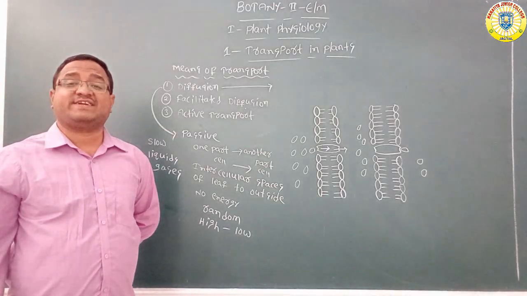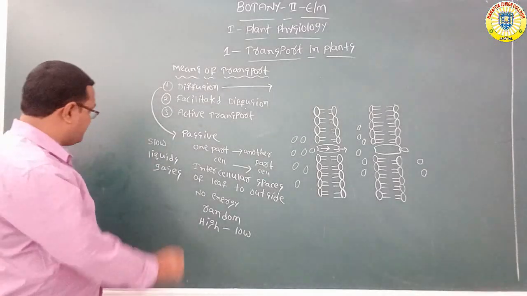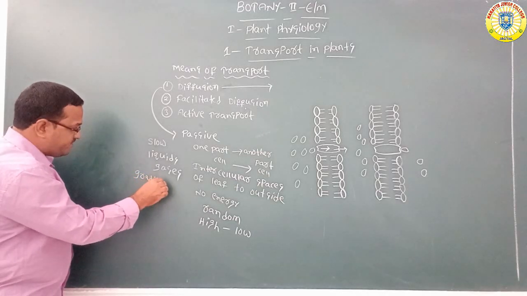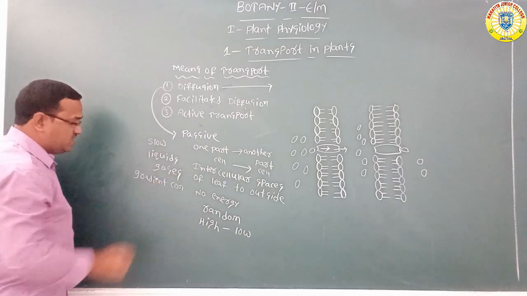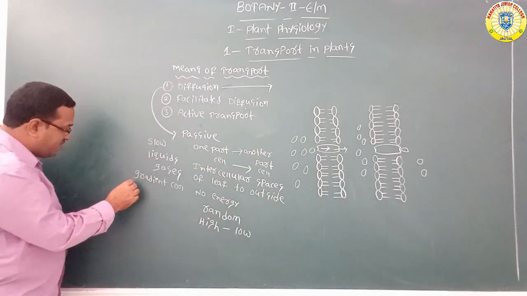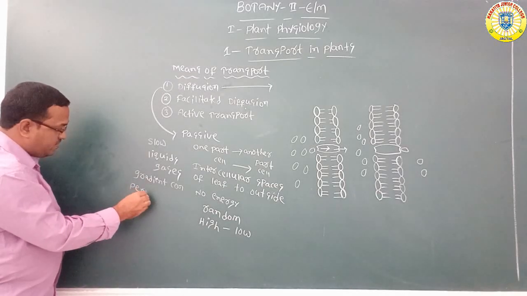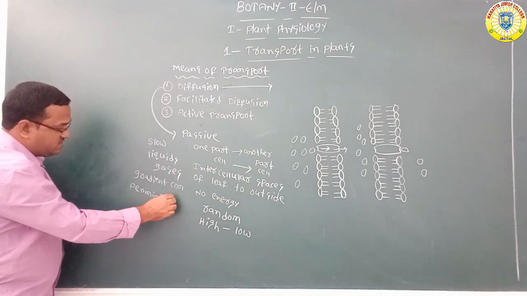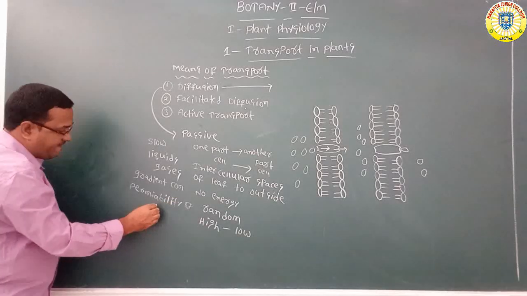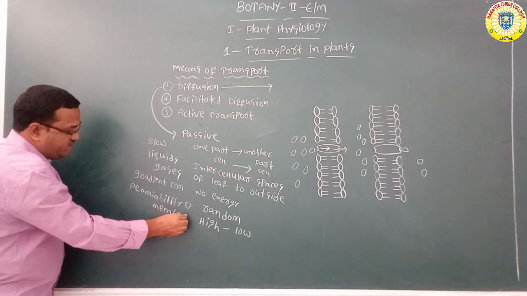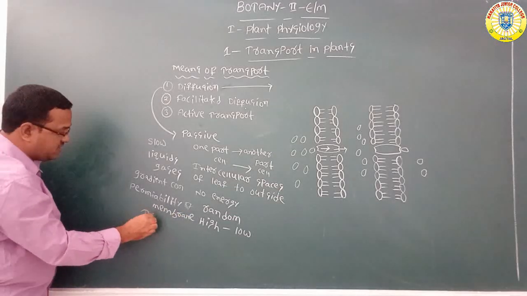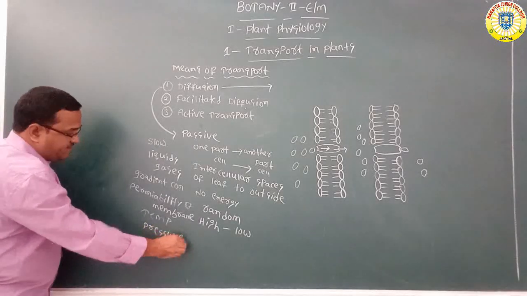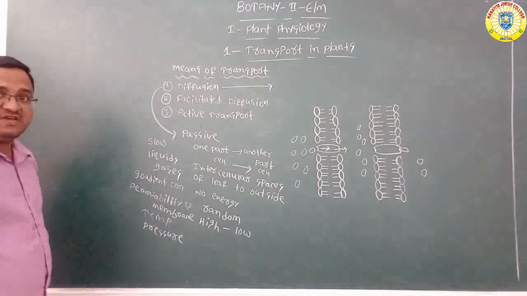The first factor is concentration gradient, and the second factor is permeability of the membrane, and temperature, and pressure. So these are the factors that affect diffusion.